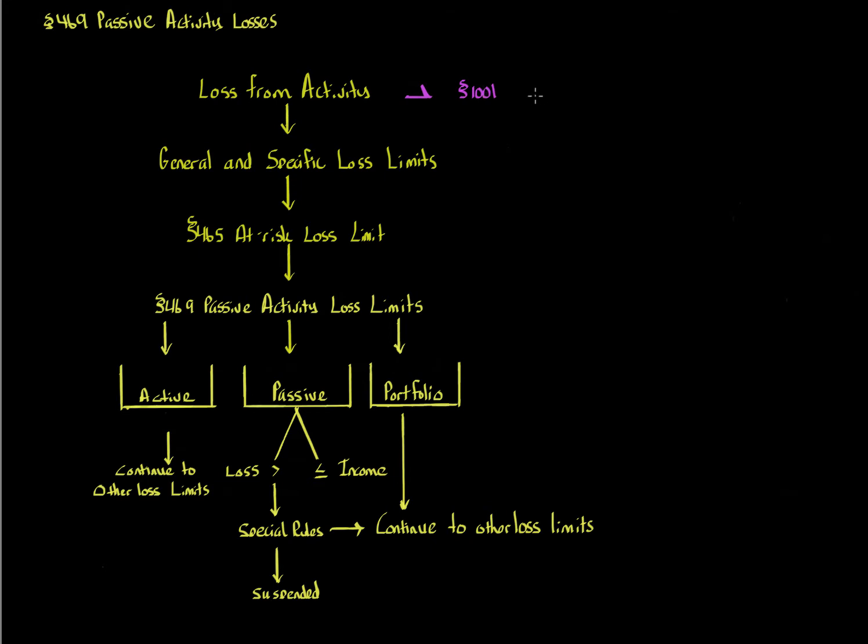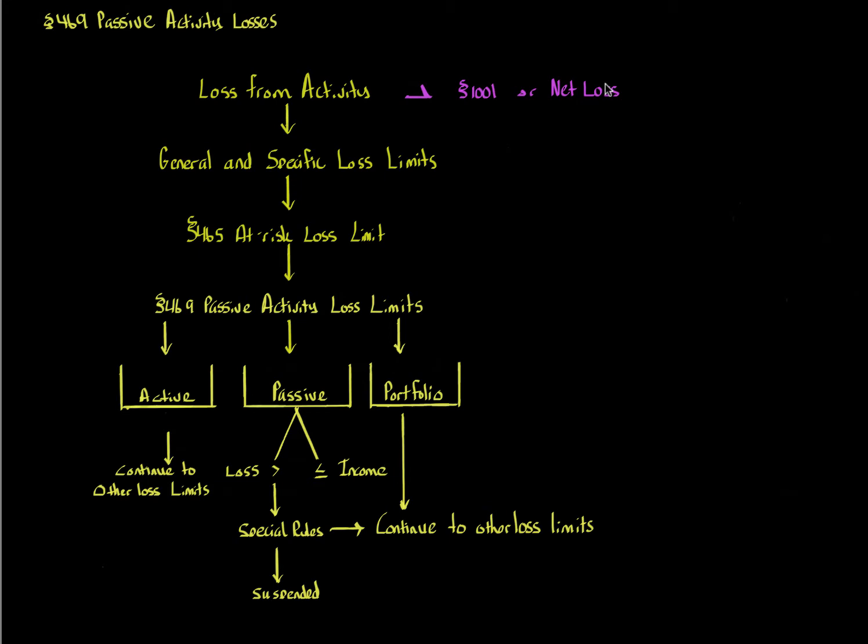It can also be a net loss from a business type activity or investment type activity. So for example, if you own a sole proprietorship and you receive $10,000 of income for the year, but you have $15,000 in allowable tax deductions that are related to the activity, that's going to be a $5,000 net loss. So that's what we're talking about. We're talking about a loss from activity.